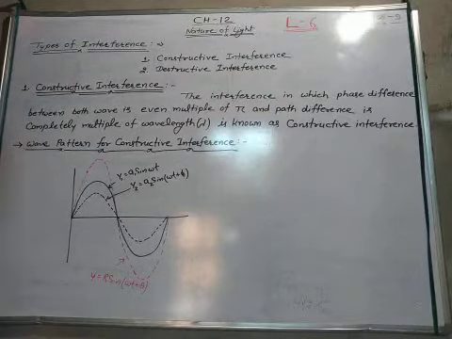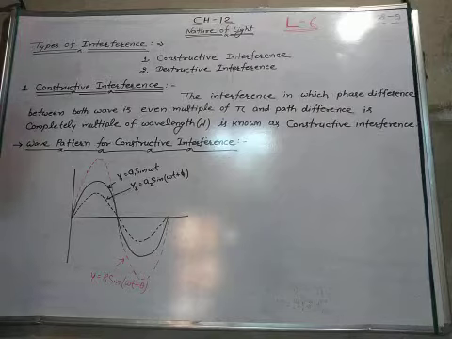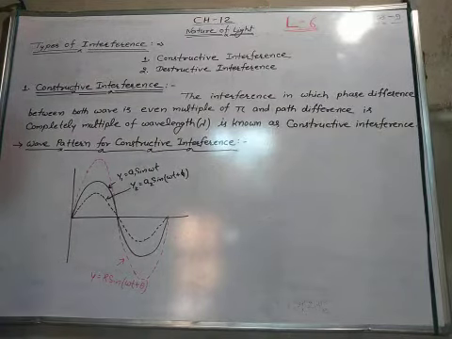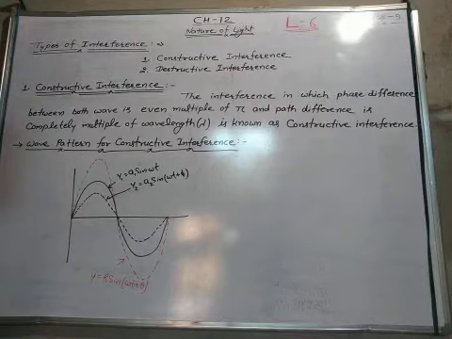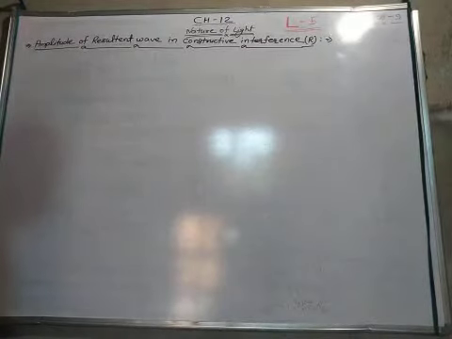Number one is amplitude, number two is intensity, number three is phase difference theta. So you can take a screenshot. Now we remove this pattern. Now we study the amplitude of the resultant wave.